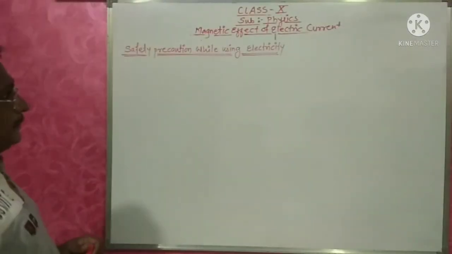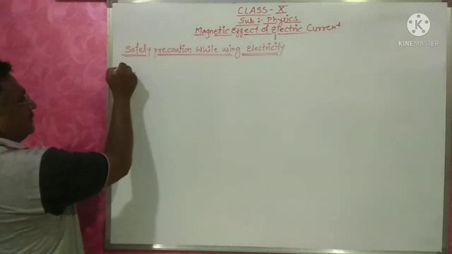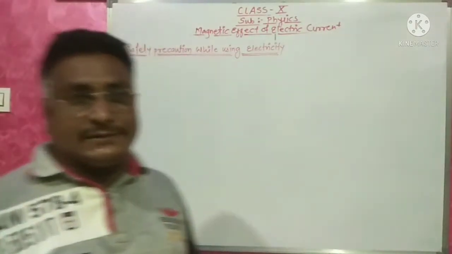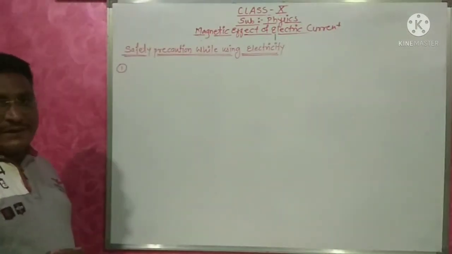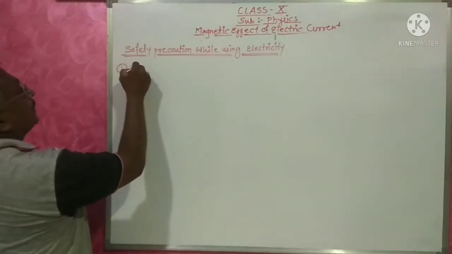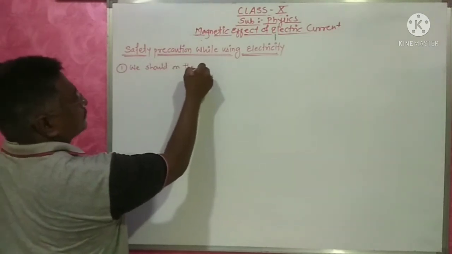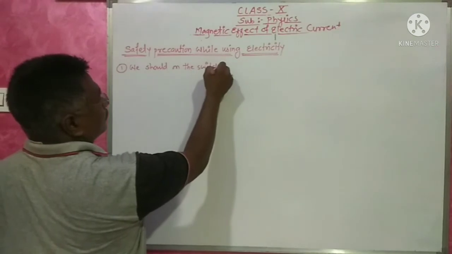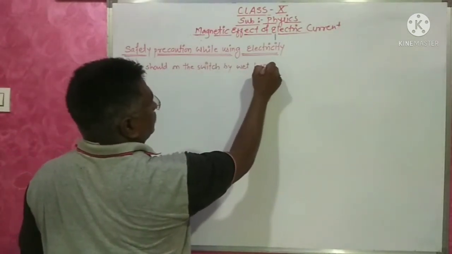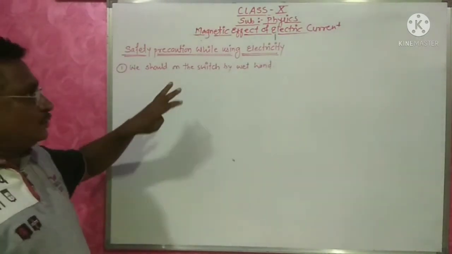Now, what kind of safety precautions do we have to use? It is already shown on television, and our elders are always telling us. What are the safety precautions? We should not switch on a switch with a wet hand, to avoid electric shock.